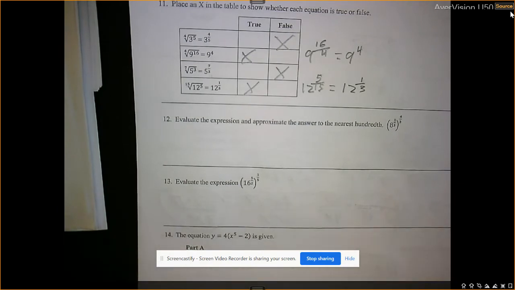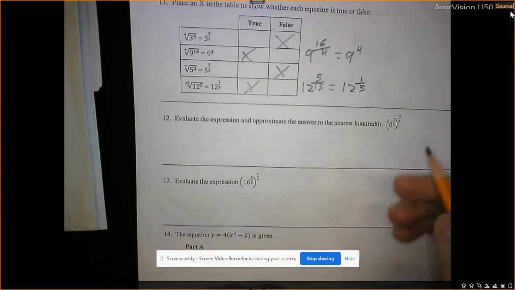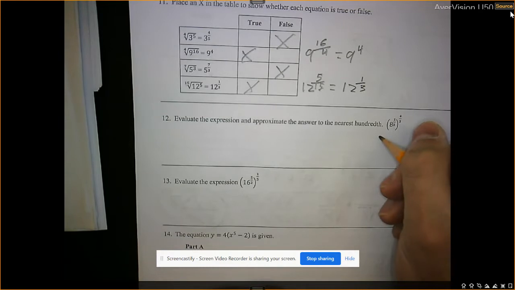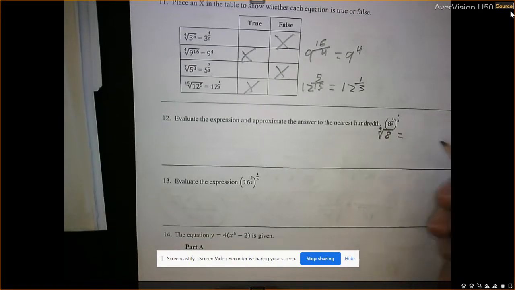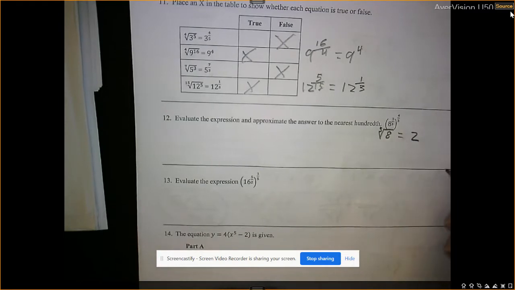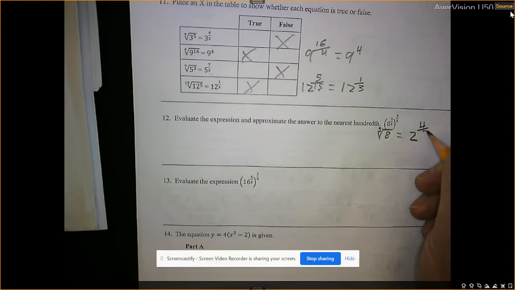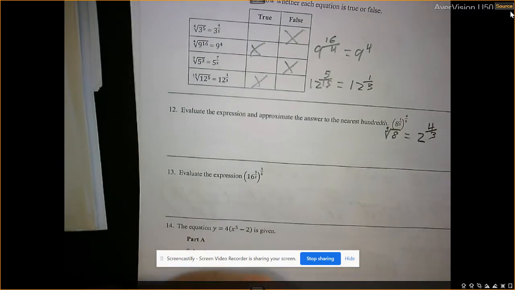All right. Going down to this next one, we have 8 to the 1/3. We can go ahead and do that first, because that's like taking the cube root of 8, which hopefully by now we recognize the cube root of 8 to be 2. And then that means then we just have 2 to the 4/3. Okay? 2 to the 4/3, well, there's a few ways of thinking about this.